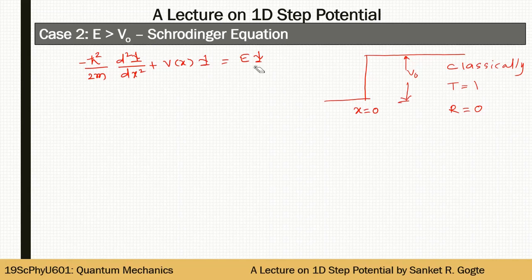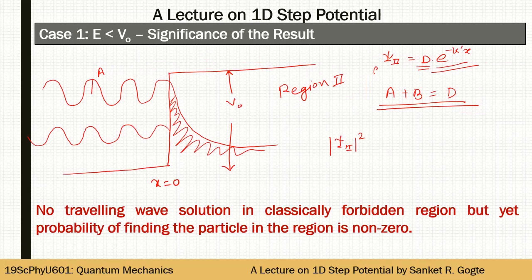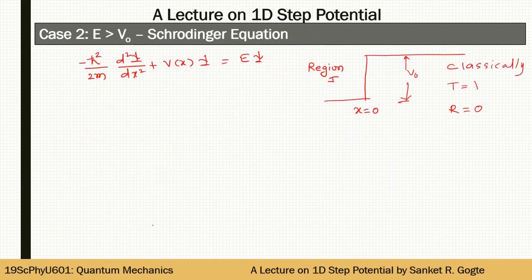So let's now write it for these two regions. This is region 1, and this is region 2. And remember, for the previous case, region 2 was classically forbidden, whereas in this case it is not.